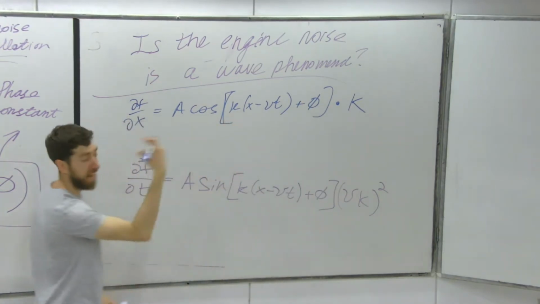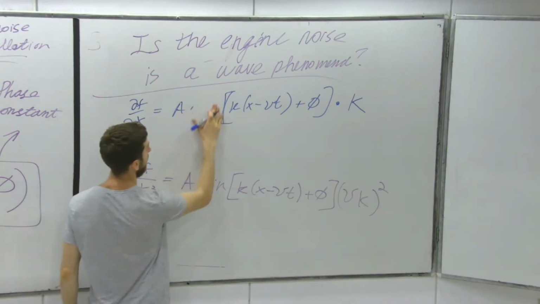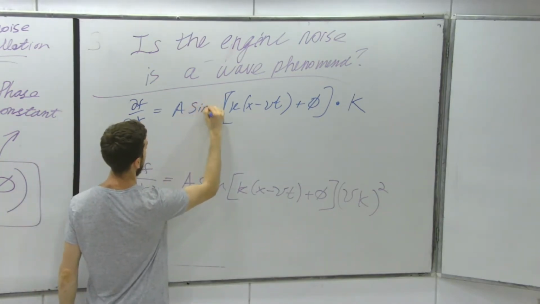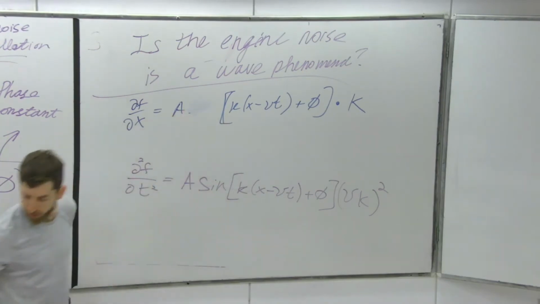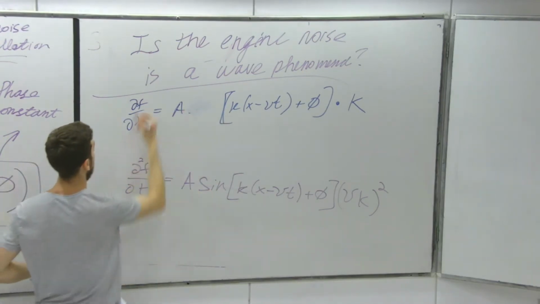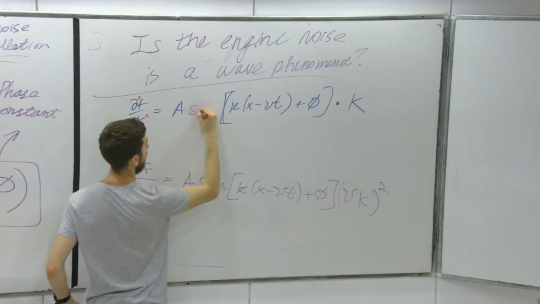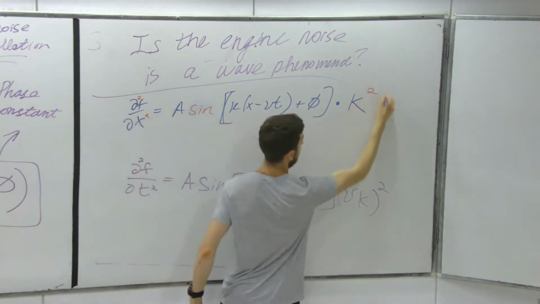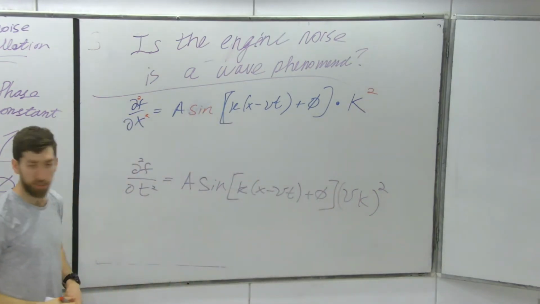And if I derive it again, this one becomes sine, right? So if we derive it again, this one is back to sine, and this k becomes squared. See it?